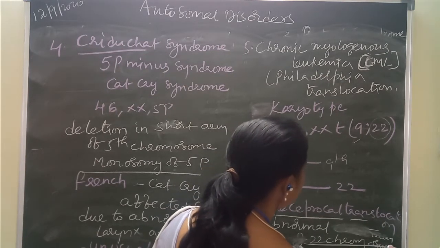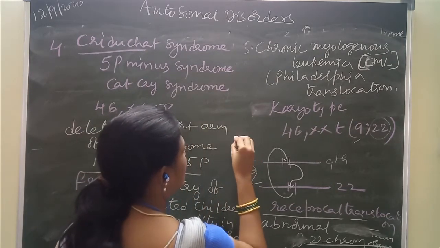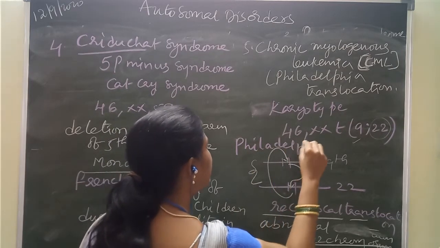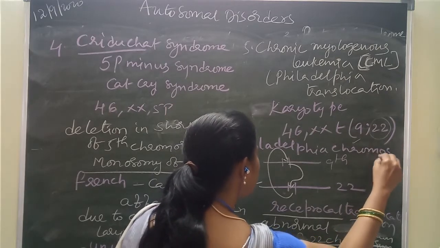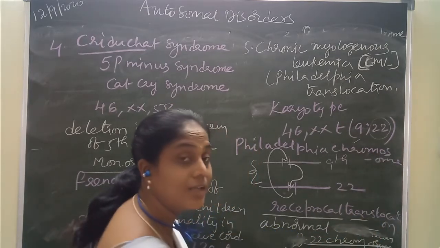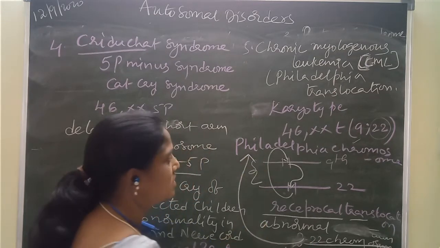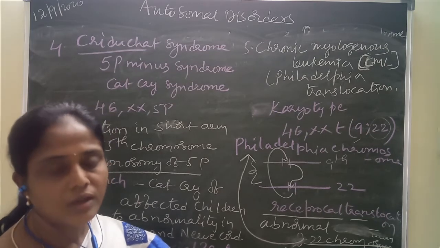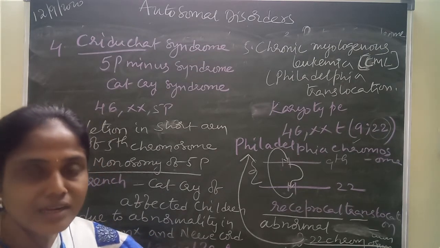Now this abnormal 22nd chromosome is producing the Philadelphia chromosome, and we call that process the Philadelphia translocation.